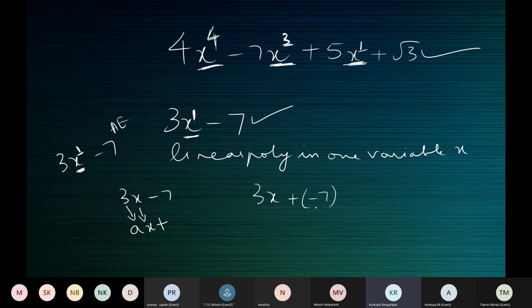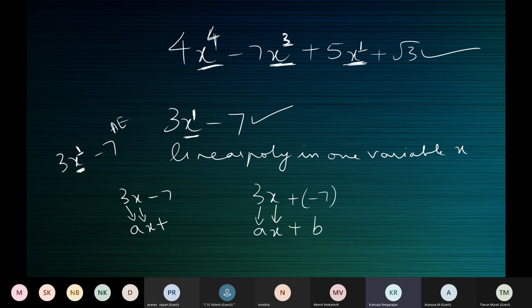The variable x as it is. Now this 3 can be taken as a in general. This plus as it is. And minus 7 can be b. So ax plus b is the standard form of a linear polynomial in one variable x.